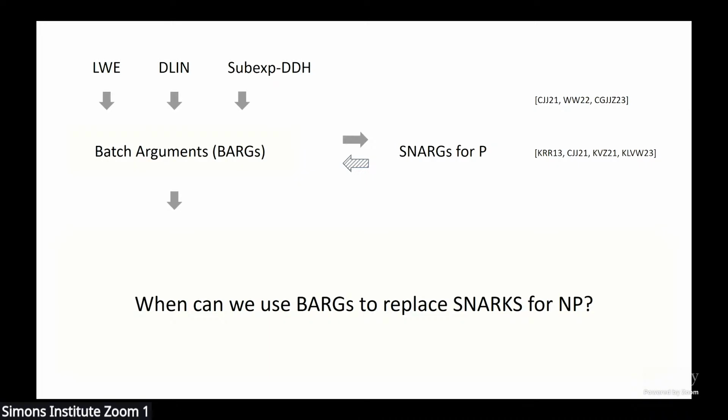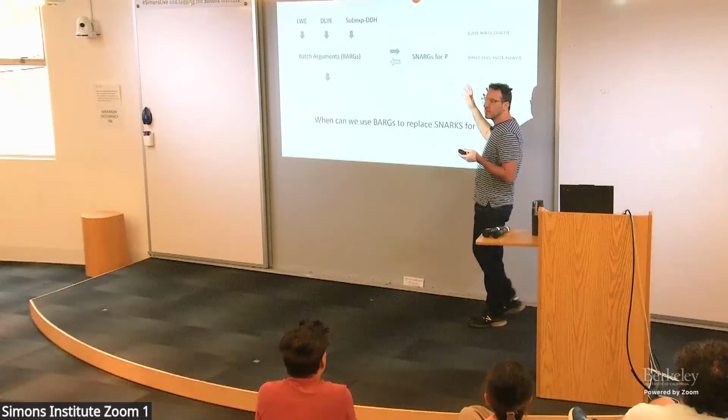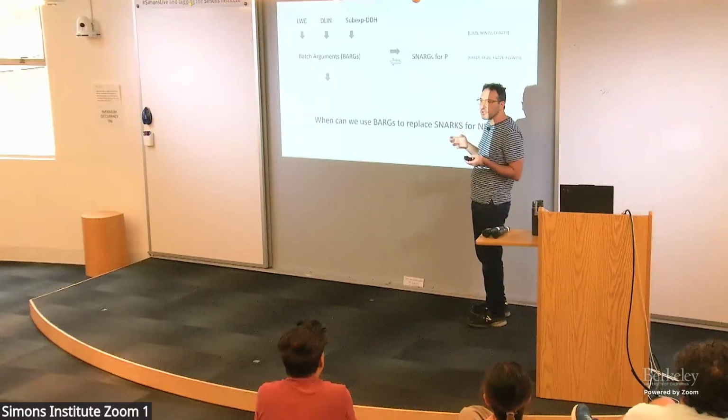So if you replace BARG with a K, is this notion much harder? BARG? BARG. No, so the notion that we're actually constructing and using in all these applications is, in some sense, a BARG.